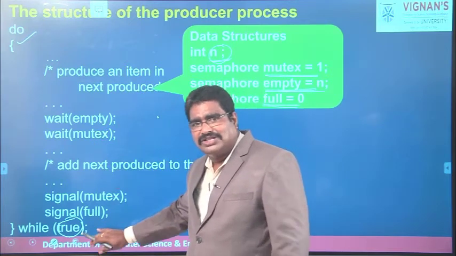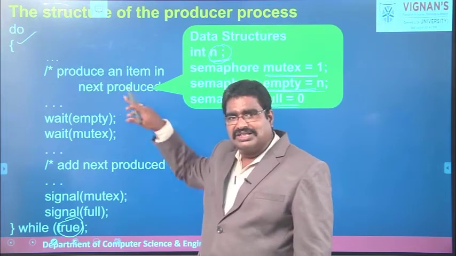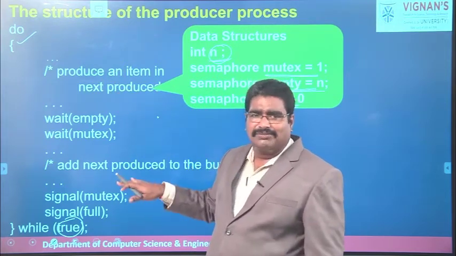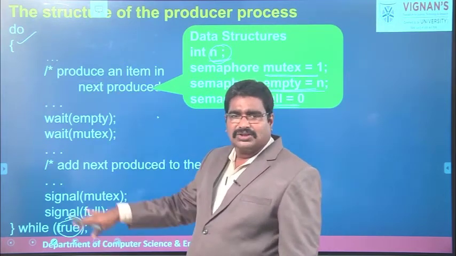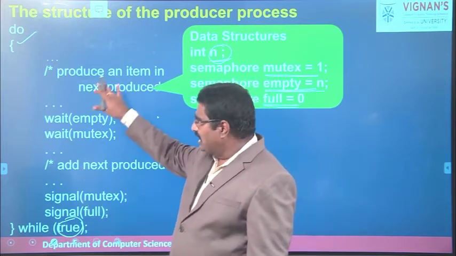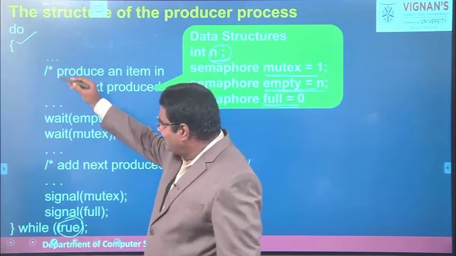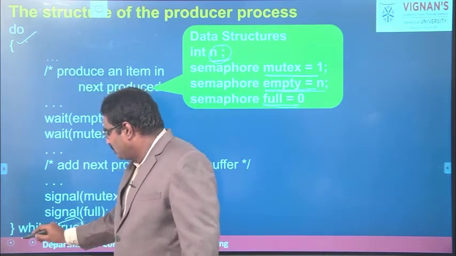Once the item is placed into the buffer, again he is allowed to produce one more item. So, his task is to produce the item, place the item into the buffer, and again produce the item. So, it is an infinite process. For that reason, we write the statements within the do while true.